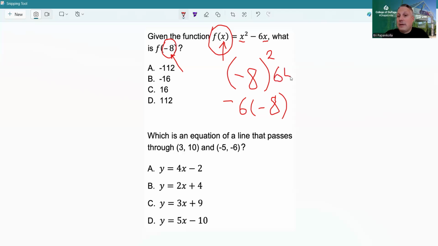You can also plug this into the calculator. The hardest part about this question is to figure out what that f is and what it does with the x, which we talked about, is nothing. It's just replacing the x. And then 6 times 8 is 48. You notice every time there are negatives, they disappear. So these two negatives here become positive.